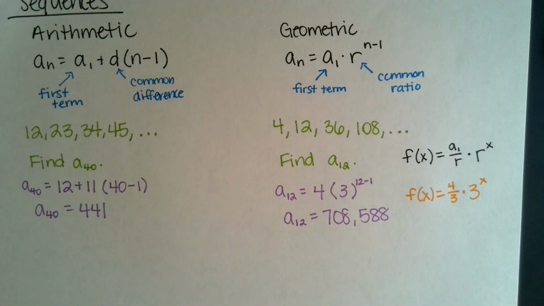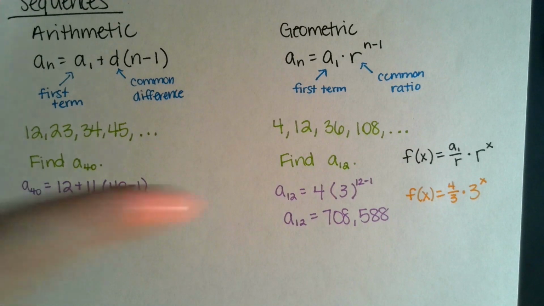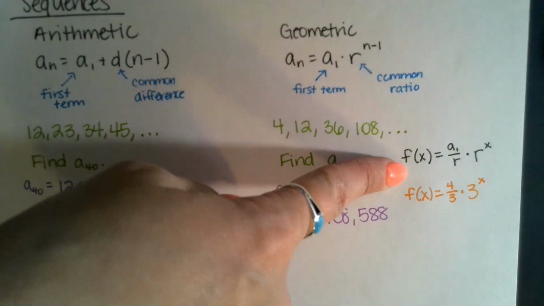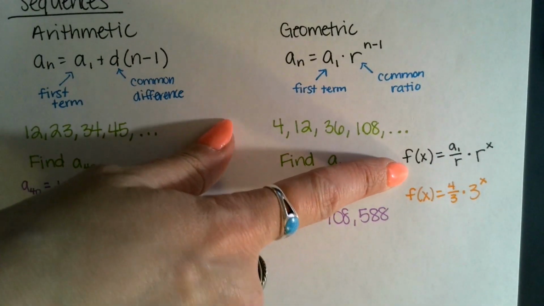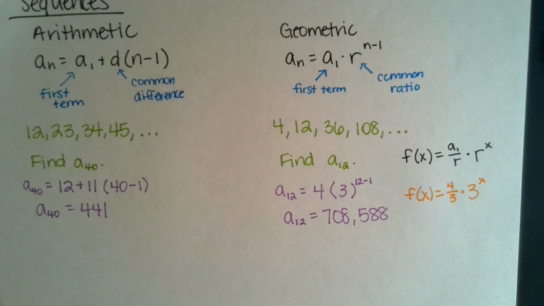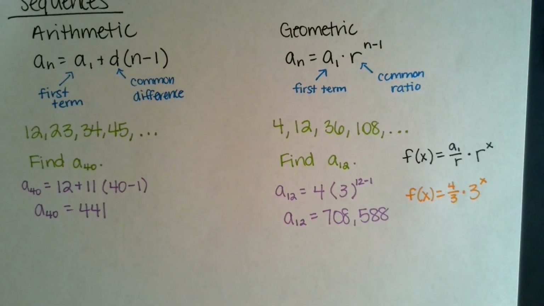Here is what I told the last class. If this shows up on your state test, I think it's going to look one of two ways. They are either going to ask you which function represents the sequence, or which of the following represents the sequence, and you'll have multiple answers.